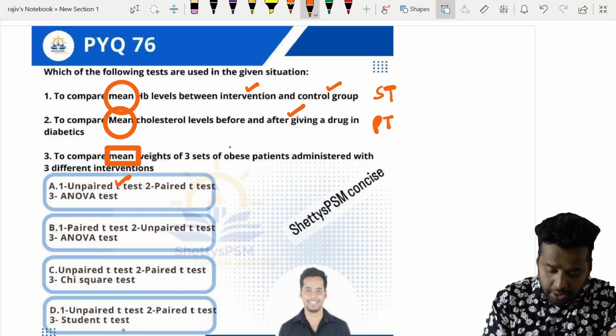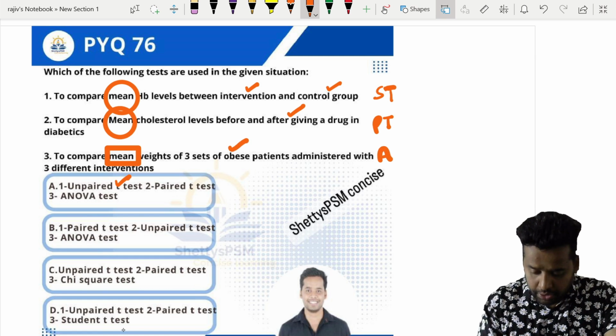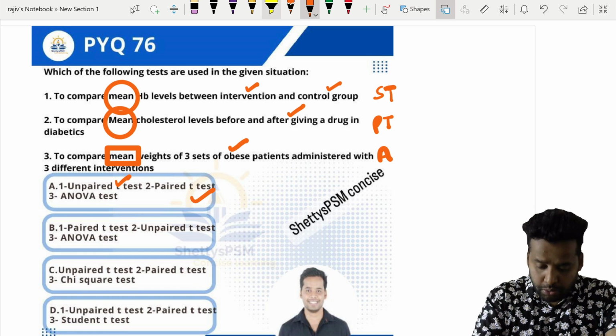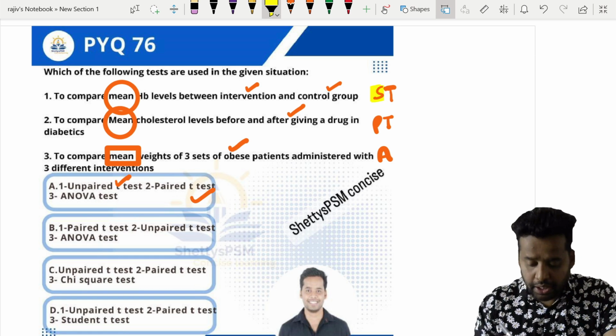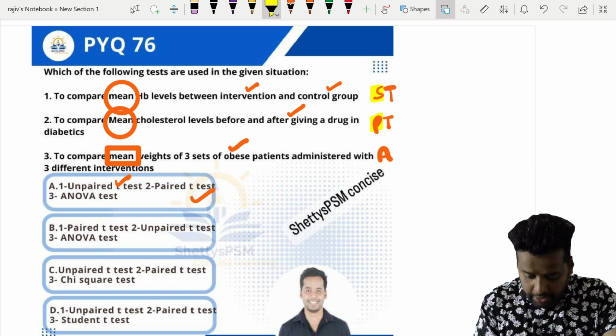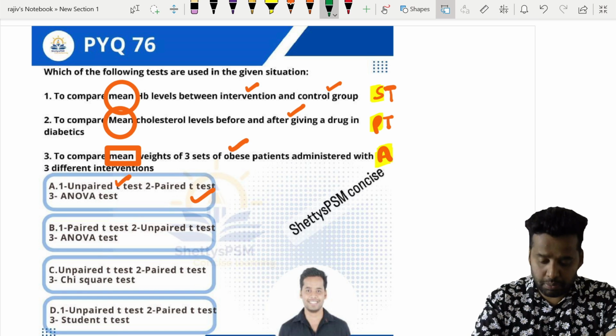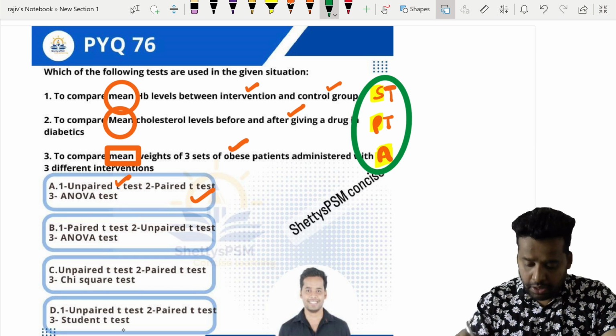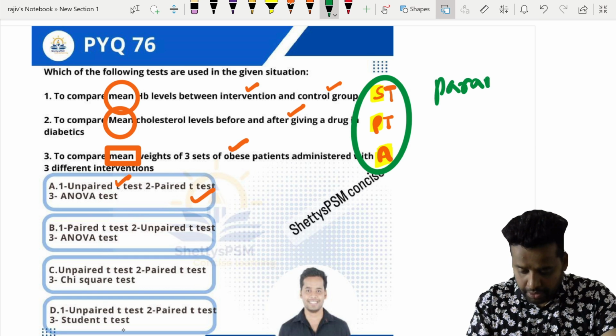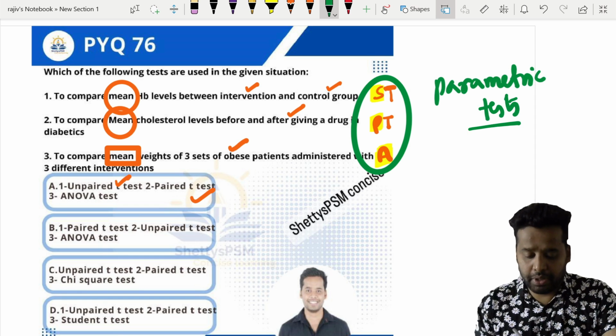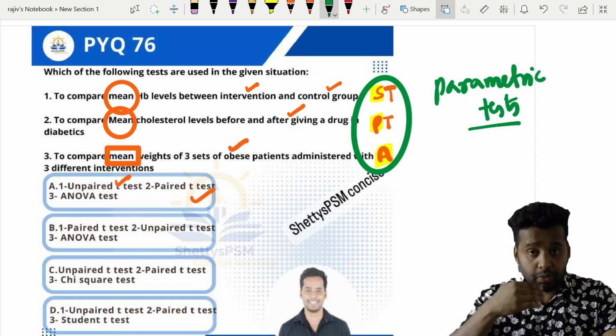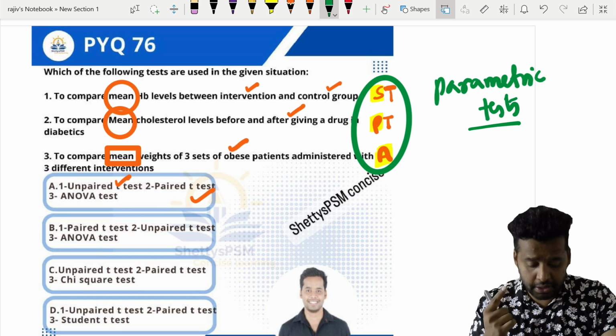Mean, three groups, we are using ANOVA test. Student t-test is also called unpaired t-test, paired t-test, and ANOVA test. What is the mnemonic? SPA. Parametric tests. These three are parametric tests used to compare mean between two groups, mean of one group before after, paired t-test, and mean of more than two groups, ANOVA test.